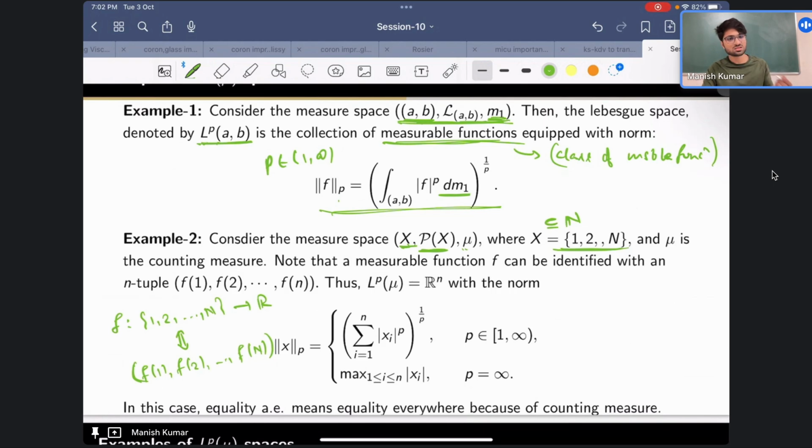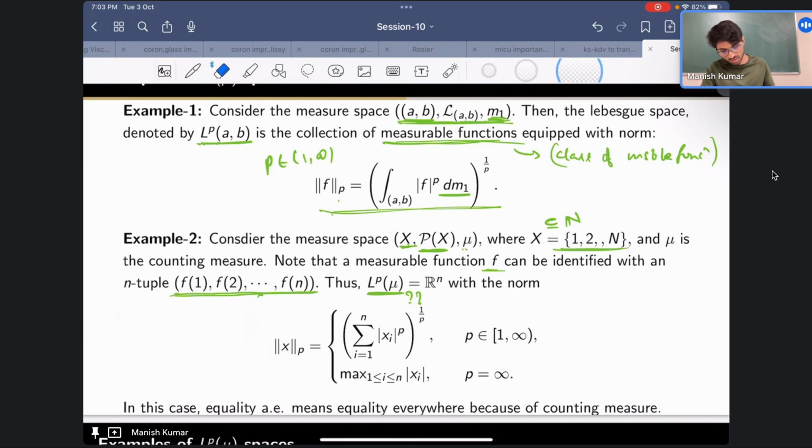These two quantities mean the same thing. The function is determined by the values it takes on 1, 2, 3 and so on. So any function can be identified as such a tuple. Now consider this LP of mu. We have to understand what this space is. This is our concern.